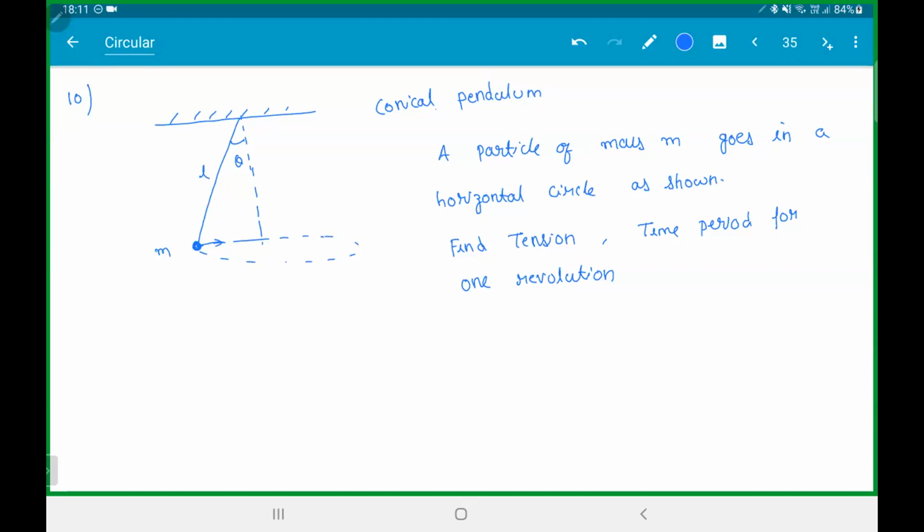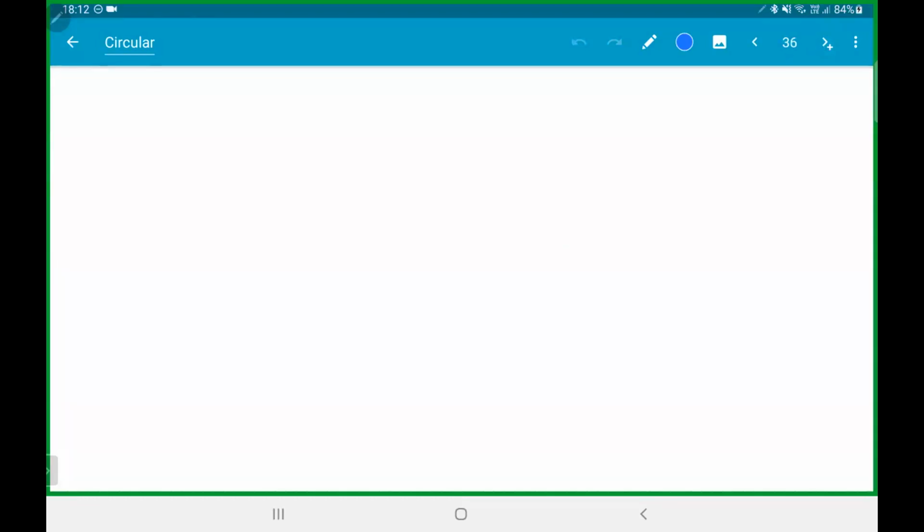Straightforward. You always start with the free body diagram.